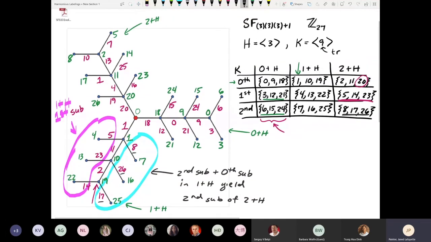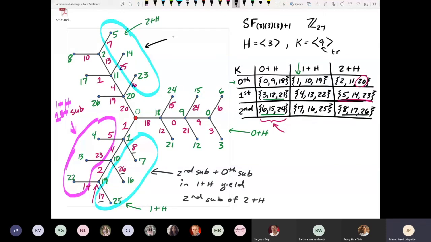The problem is when we start looking up over here on this branch. So in this one, the outside branch 5, 14, and 23, that's in the first subcoset of 2 plus h.